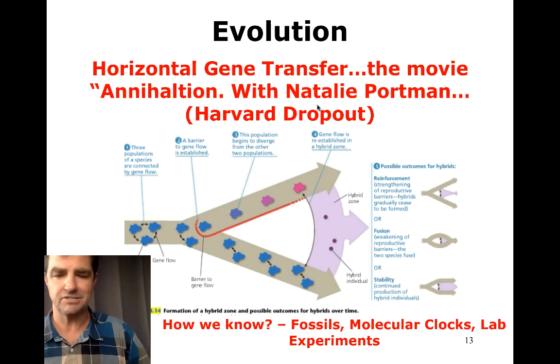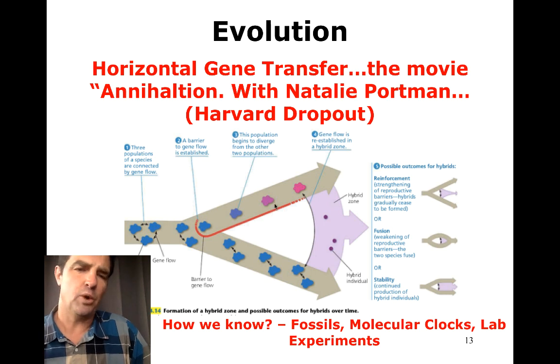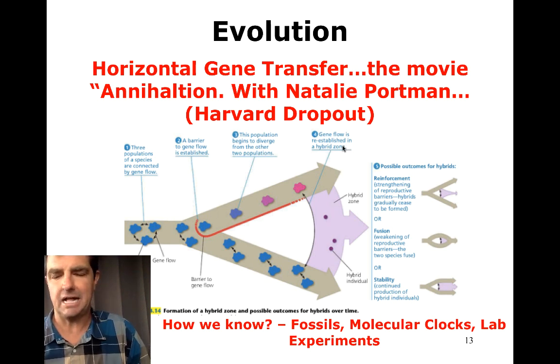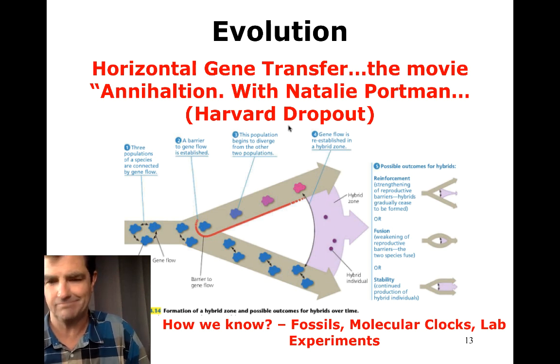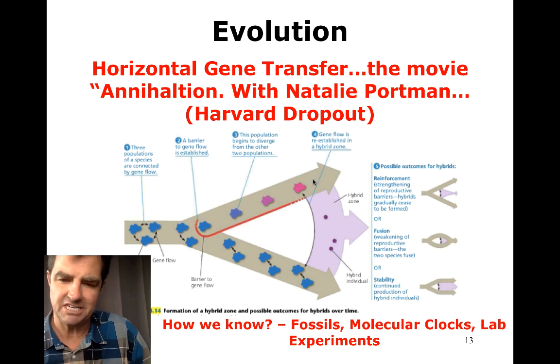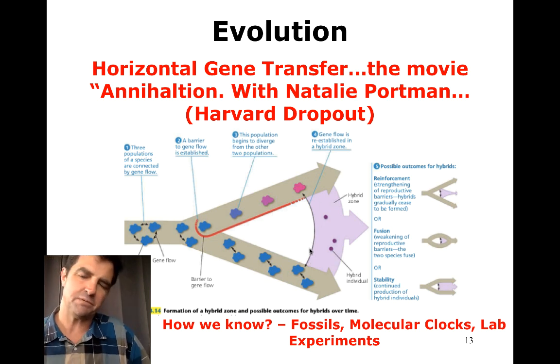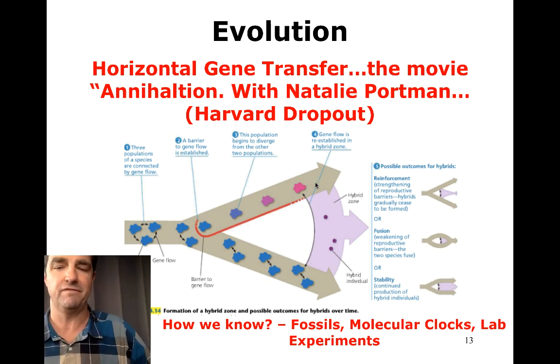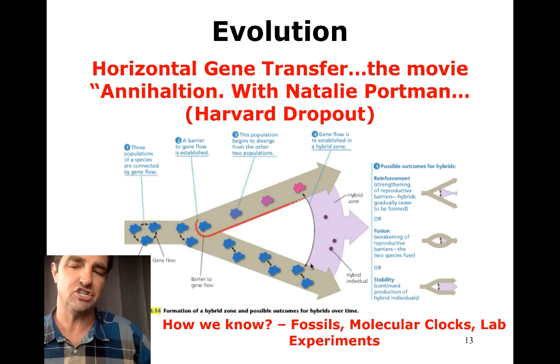Now, normally what happens is we have a species that over time will change and split maybe into two groups. The idea is that if those genes are beneficial to both groups, you'll have gene flow.